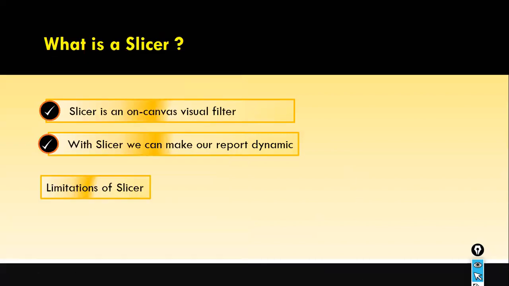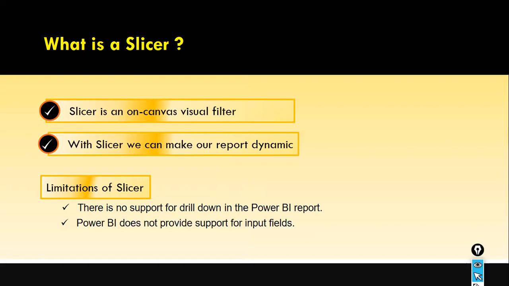The limitations of slicers are these: you cannot do drill down in the Power BI slicer, and it does not provide support for input fields. You remember column from examples in Power Query Editor, where you can input values. In a slicer you cannot key in any value. There is also no option to pin your slicer to your dashboard, but you can pin a report file itself as part of your dashboard, in which case the slicer will also be available as part of the dashboard.